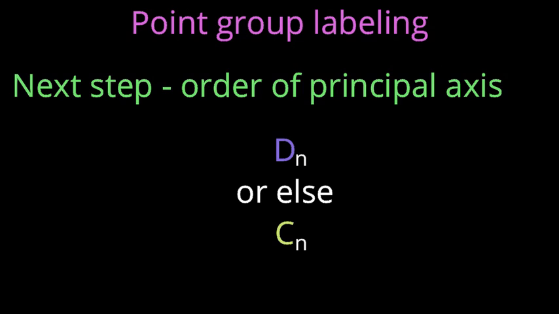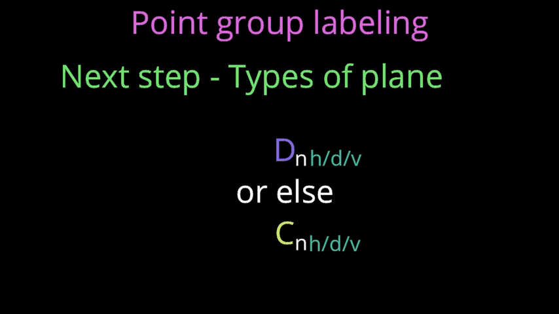So what will be the representation now? If it is a cyclic kind of point group, then Cn will be the representation. If dihedral kind of point group, then Dn will be the representation. But just wait, yet we have not completed the labeling. Afterwards, types of plane present in the molecule will decide the further nomenclature.